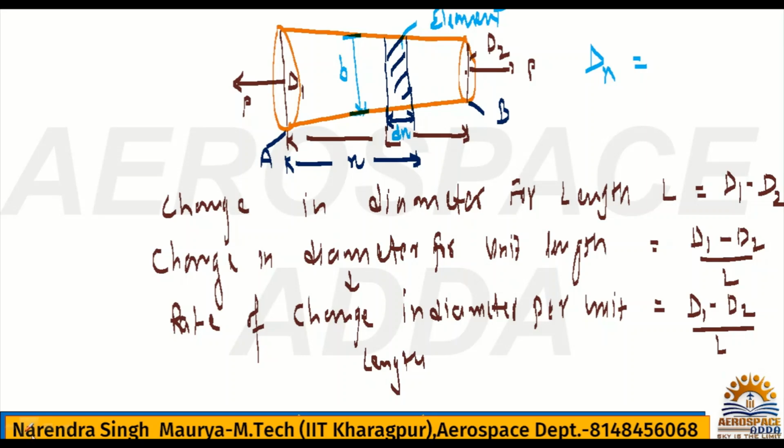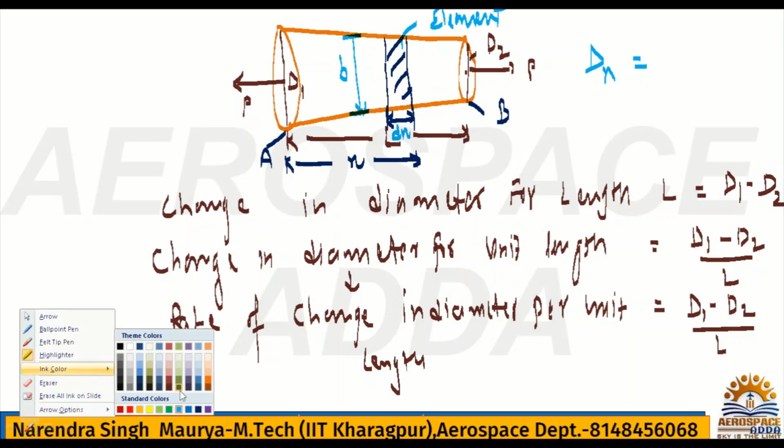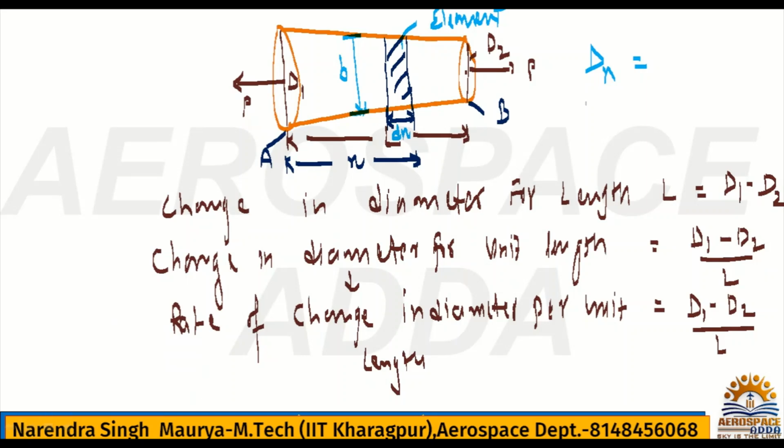So what will this diameter be? It is D1 minus D2 by L, into x.